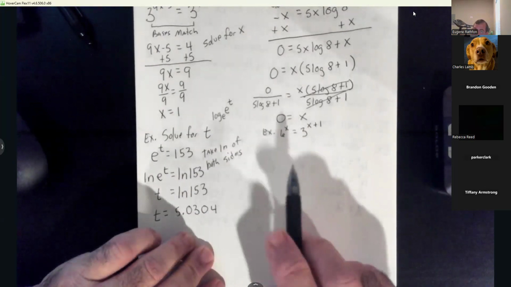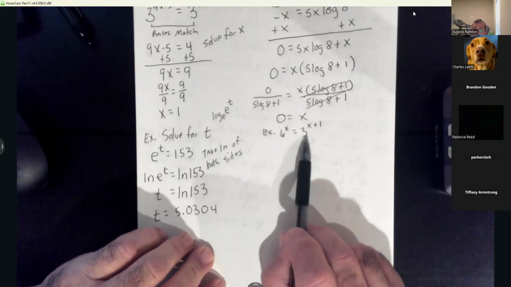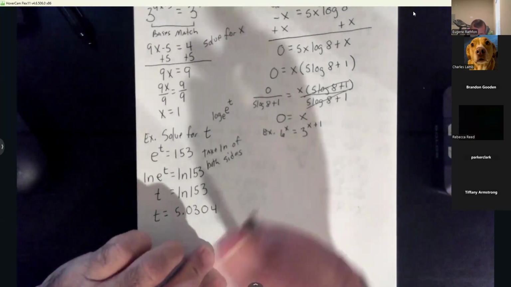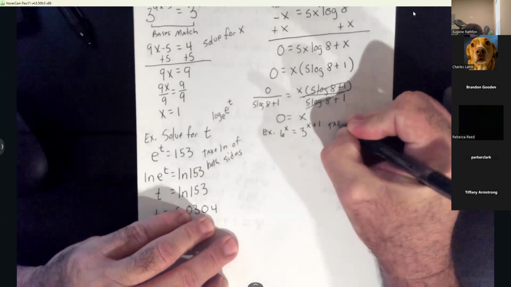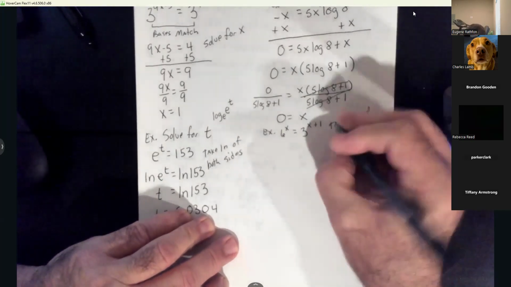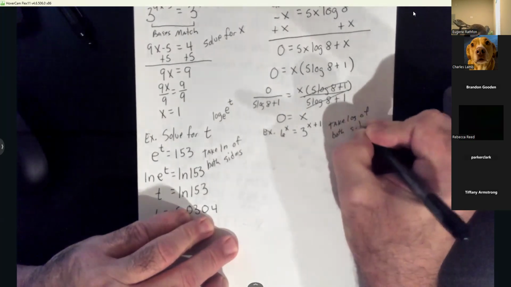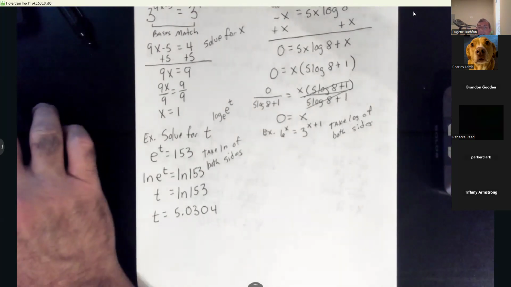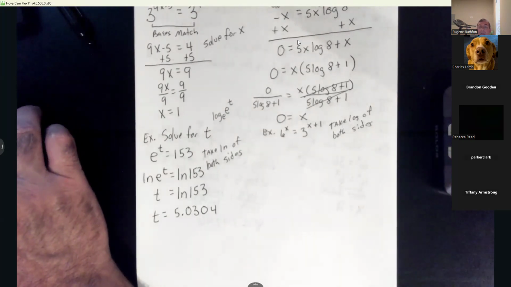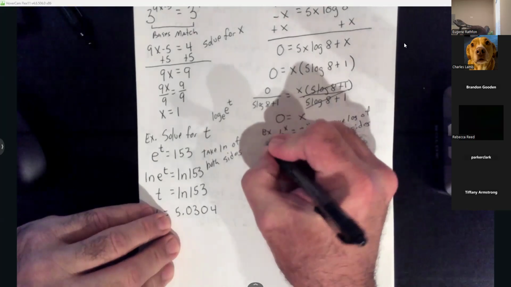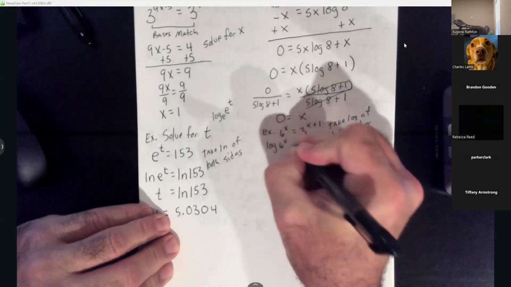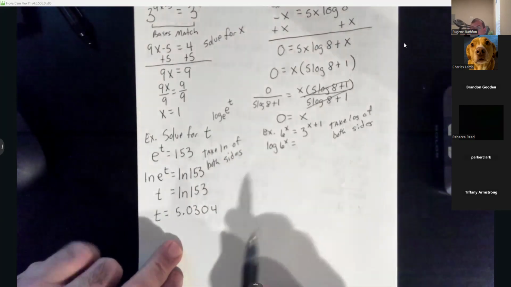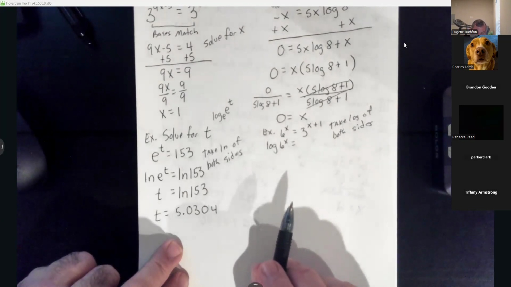Now this one's a little tricky too, but I cannot rewrite these using the same base, so I'm going to take a log of both sides. All right, so that's going to give us a log of 6 to the x equals, now here you got to be careful, okay?